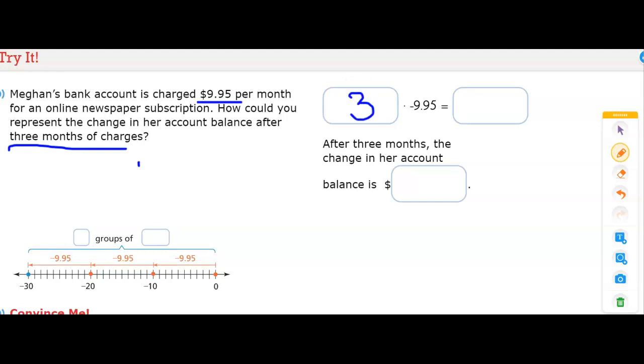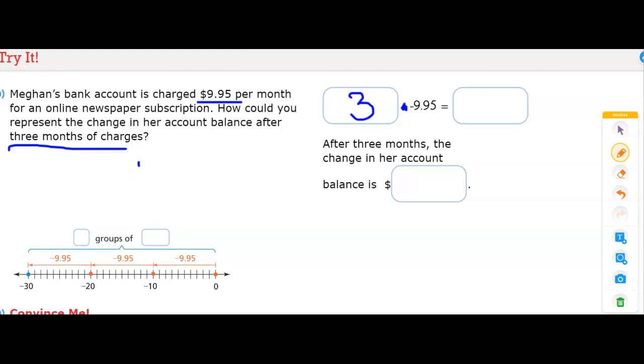I don't know if you see it. It's a very tiny dot right here, but that tells us to multiply. Let me make it bigger. There we go. So we're multiplying that -9.95.